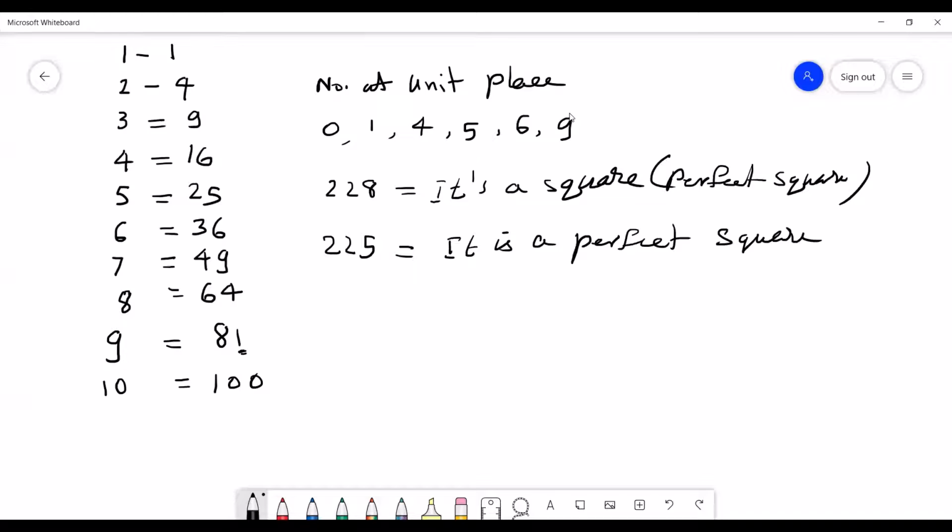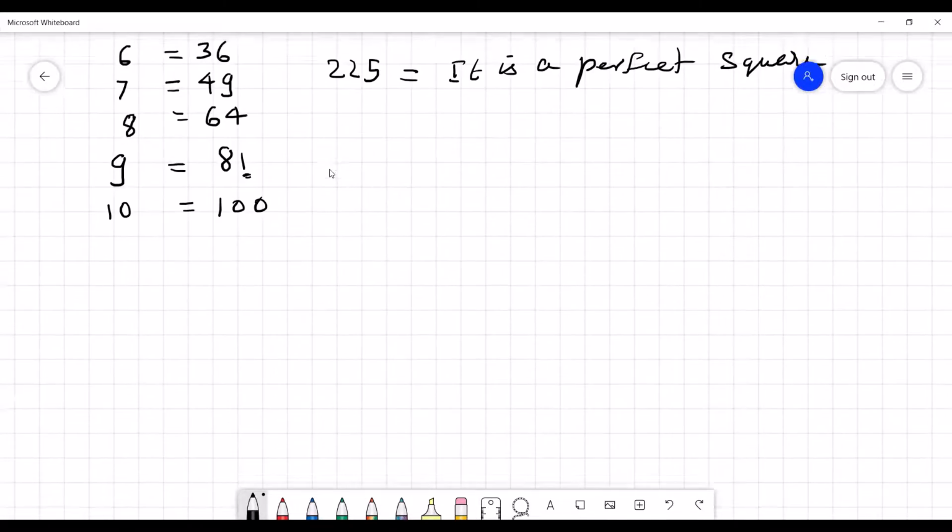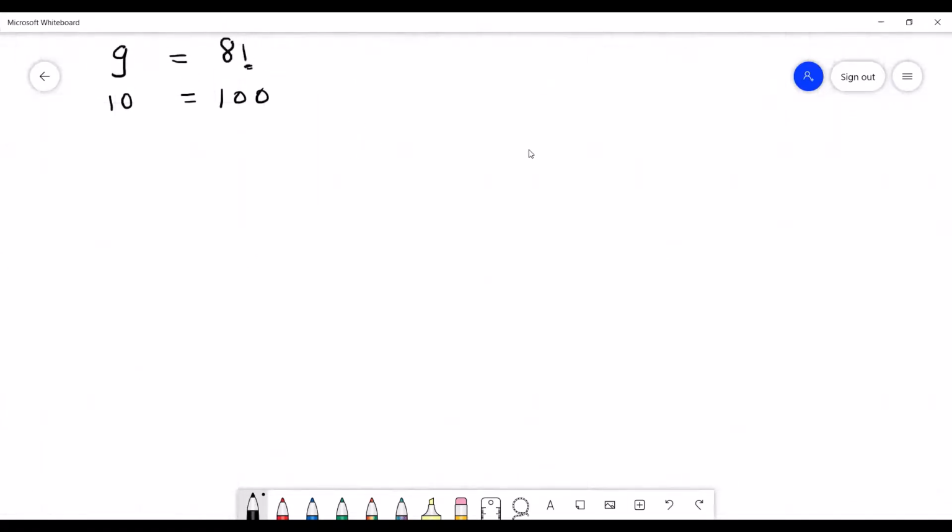And this is one of the properties of squares. And another property now we will see. What is the square of 10?